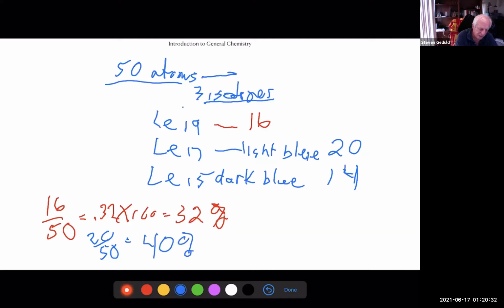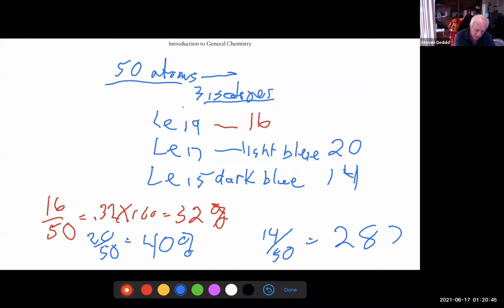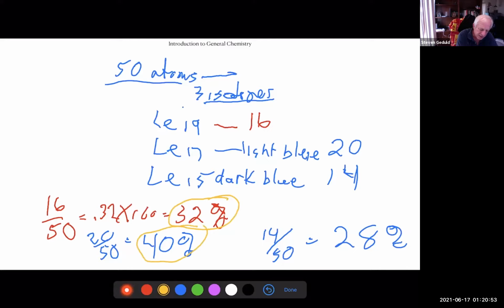And Le15, we have 14 out of 50. 14 divided by 50 times 100 to give us our percent is 28. So if we look at Le19, it's 32%. Le17 is 40%. Le15 is 28%.